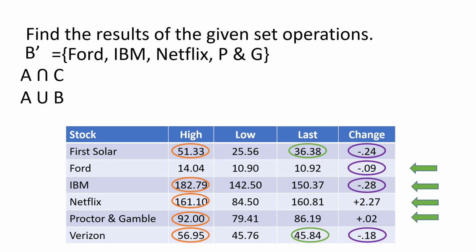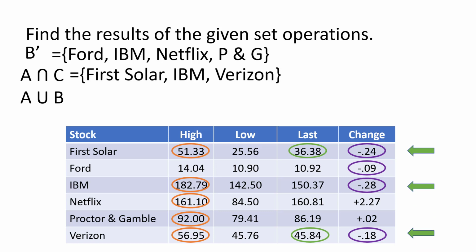The next set we want to look at is A intersect C. So these are stocks where we circled both the orange and the purple. So this would be First Solar, IBM, and Verizon.